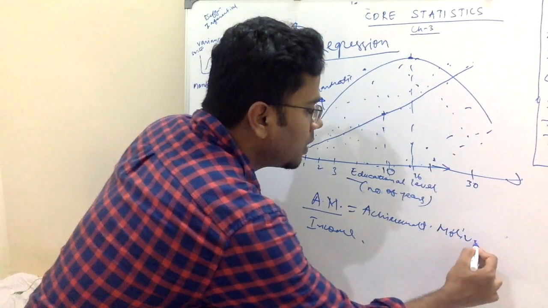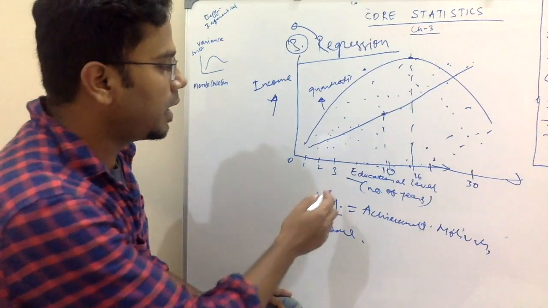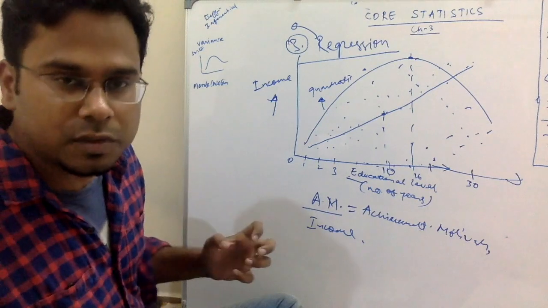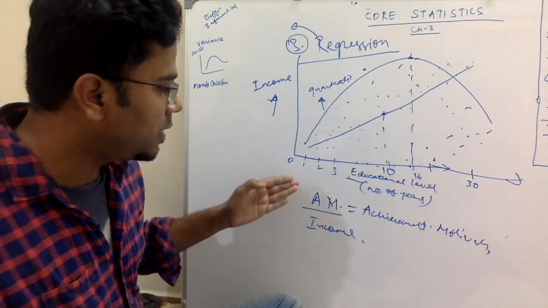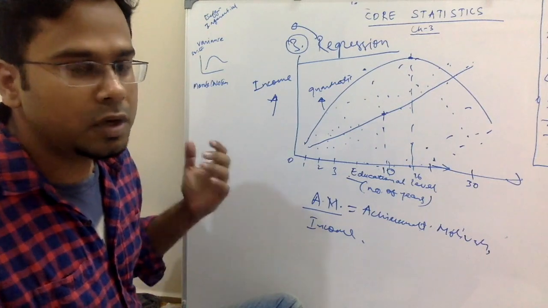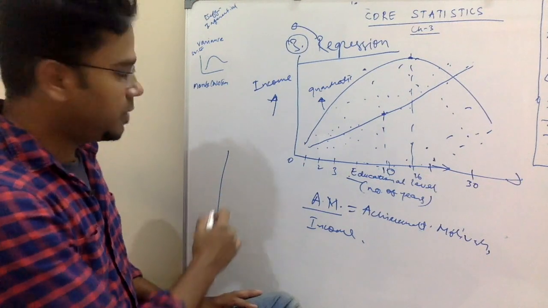Okay. So let's say you know the achievement motivation of people and educational level of people, and you are doing research on motivation, and you are trying to find out whether achievement motivation has a direct relation to income or not. What you will do, you will collect a sample of people.